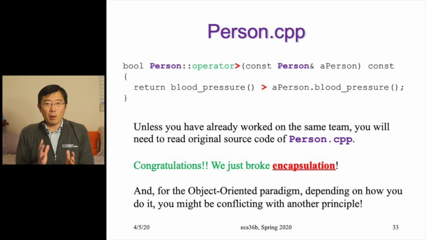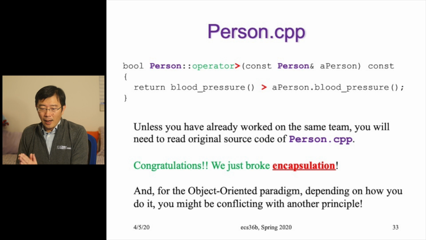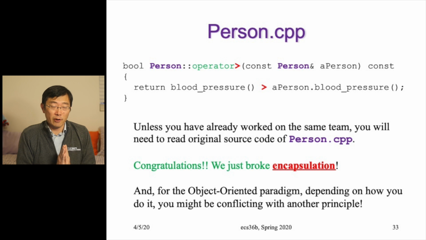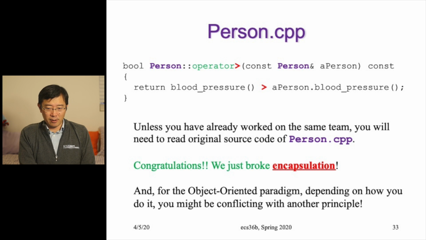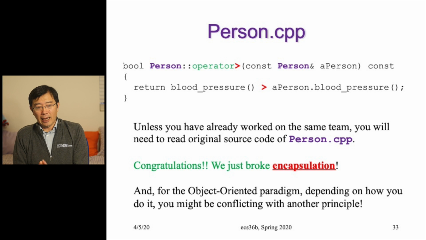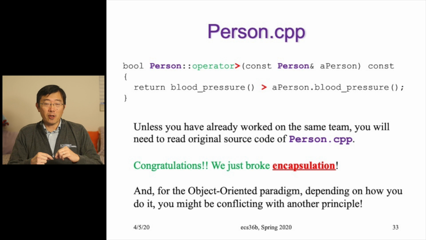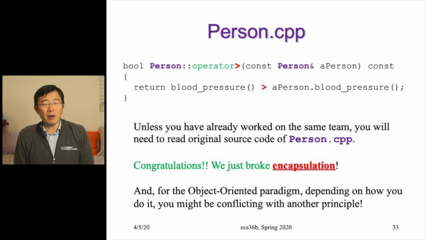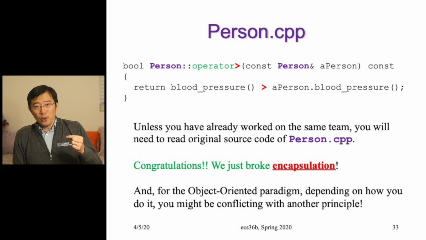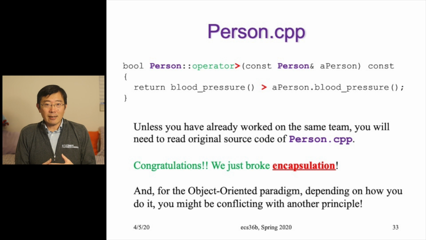So this is an example. I want to tell you two lessons. Number 1, operator overloading is a good tool for you to enhance readability in some cases. But on the other hand, at the end of this lecture, I want to tell you that in general, when you apply different principles, encapsulation, inheritance, data abstraction, and polymorphism, you start to realize there is some conflict among these principles depending on how you do it.